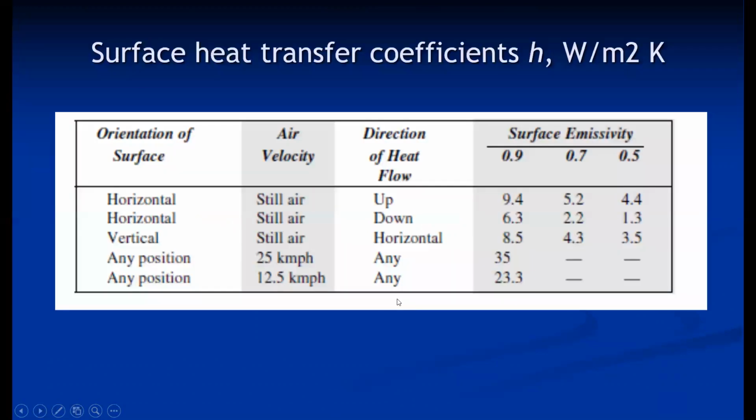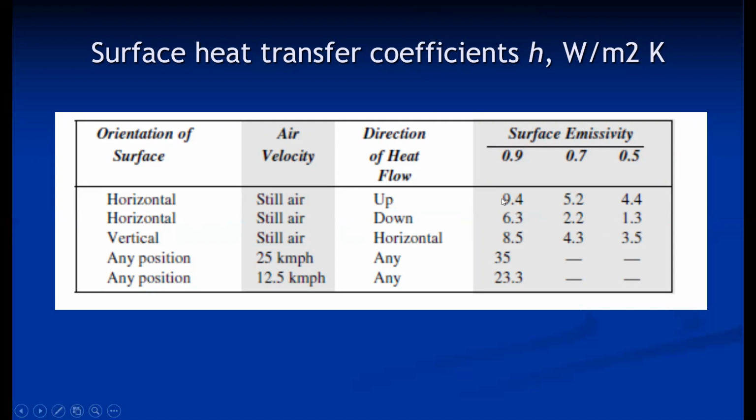This is a simple numerical. These are some of the values of the surface heat transfer coefficient, f_o or f_i. It varies with emissivity as well, because as the emissivity decreases, the surface becomes smoother, and the smoother the surface, the lower the heat transfer coefficient.